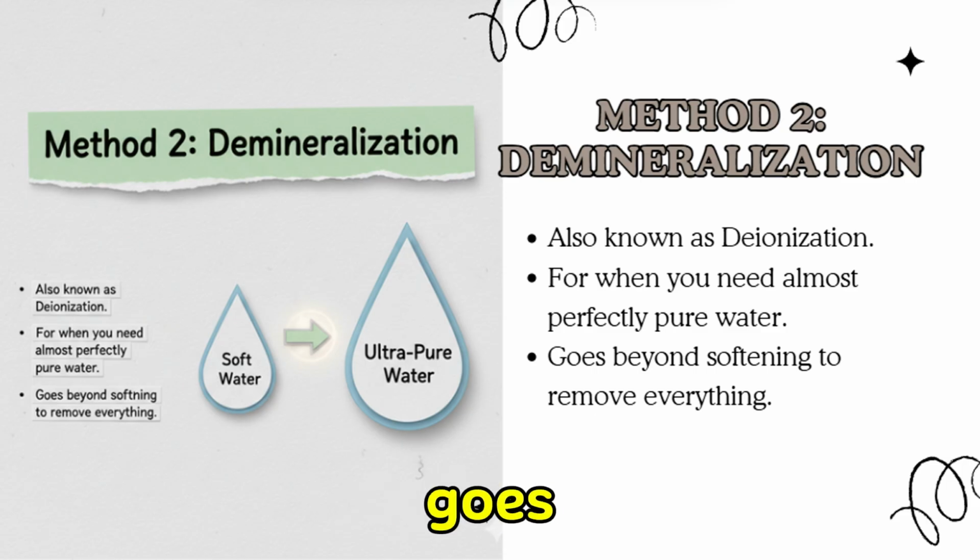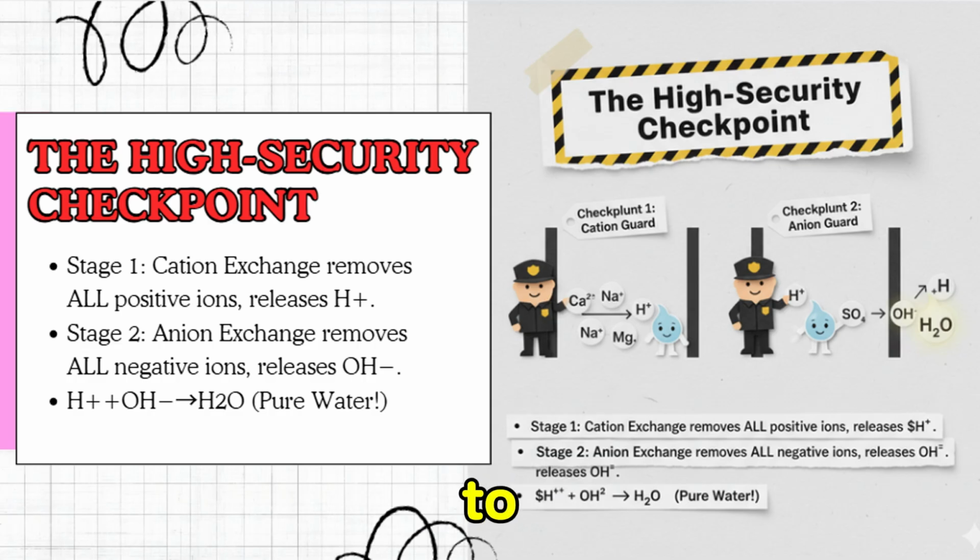First, the water goes to the cation exchange guard. This guard's job is to remove all positive ions, not just calcium and magnesium, but also sodium, potassium, everything. In exchange, he releases hydrogen ions, or H+. Next, the water flows to the anion exchange guard.